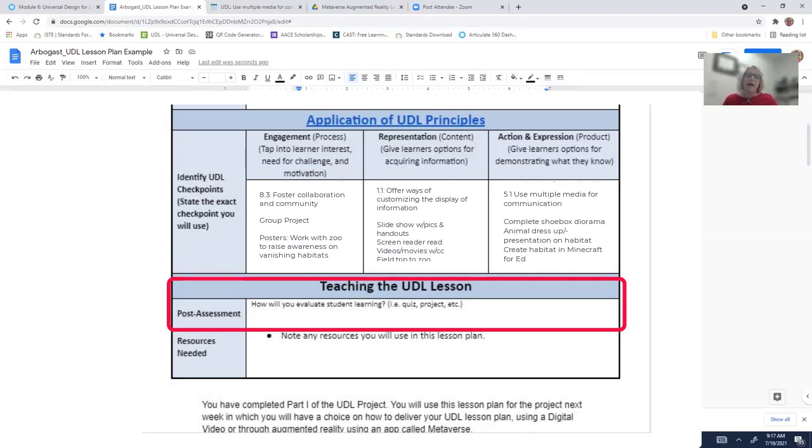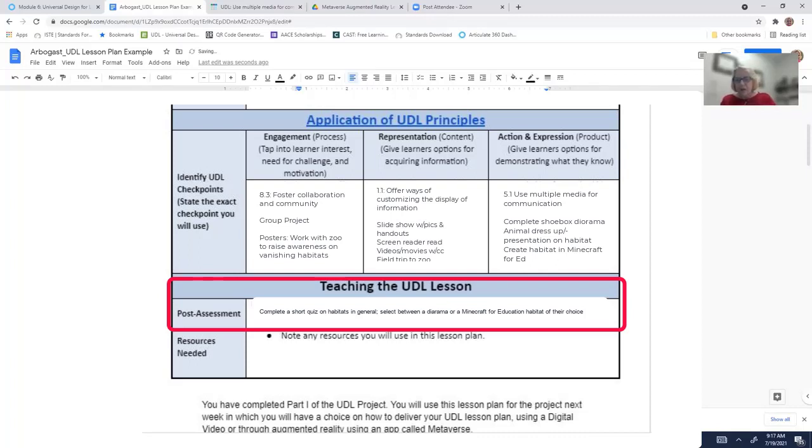So for our post-assessment, I will have the students complete a short quiz on habitats in general, things that we've gone over, and then select between a diorama or a Minecraft habitat of their choice.